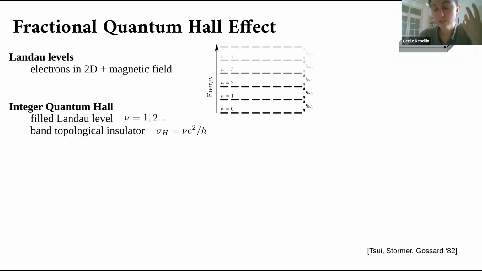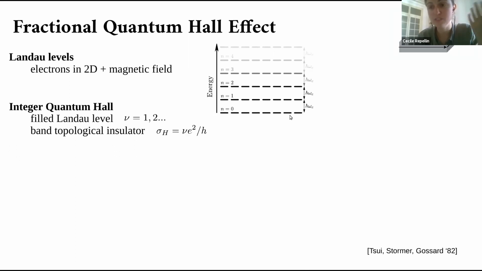So from this picture, we can relatively intuitively understand where the integer quantum Hall effect comes from. The integer quantum Hall effect corresponds to filling up an integer number of these Landau levels. So in a sense, it's a band insulator because the insulating character comes from the Pauli principle. Once you fill up the whole level, that's it, you have a gap. And that's going to result in a Hall conductivity which is equal to the filling fraction times e squared over h.